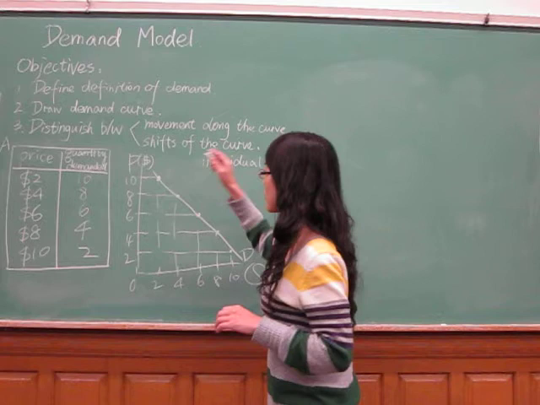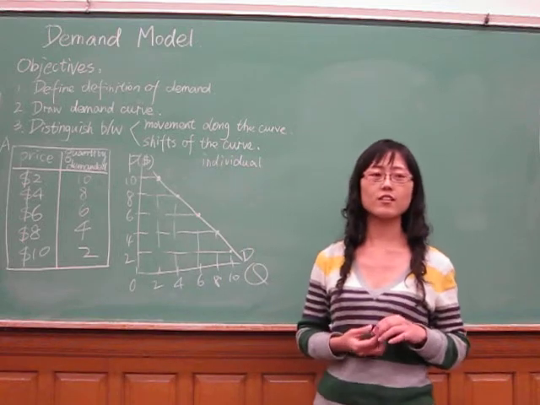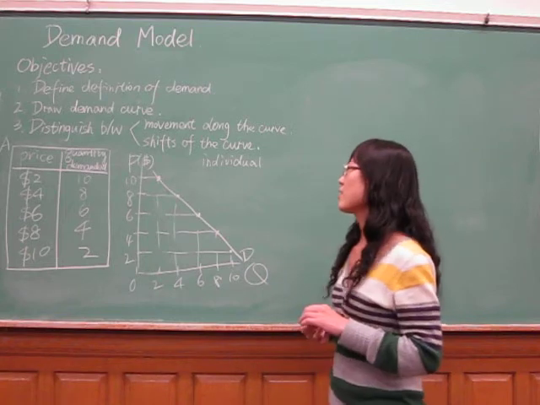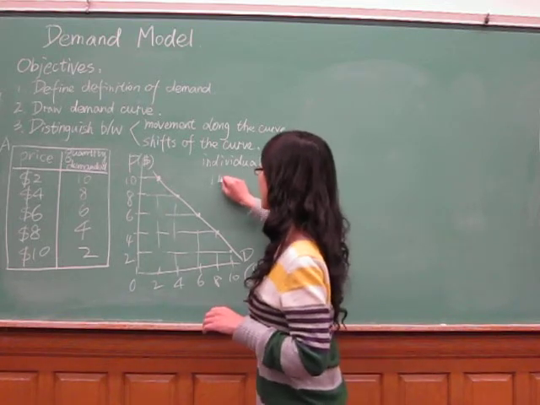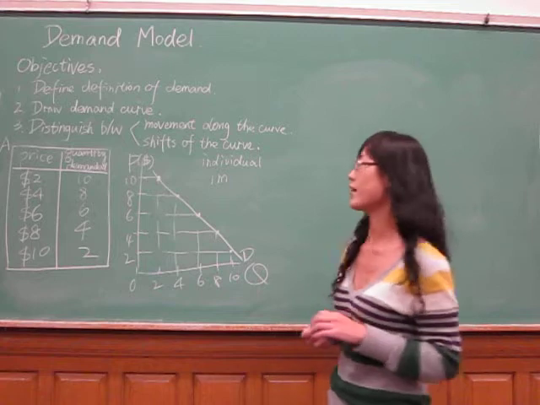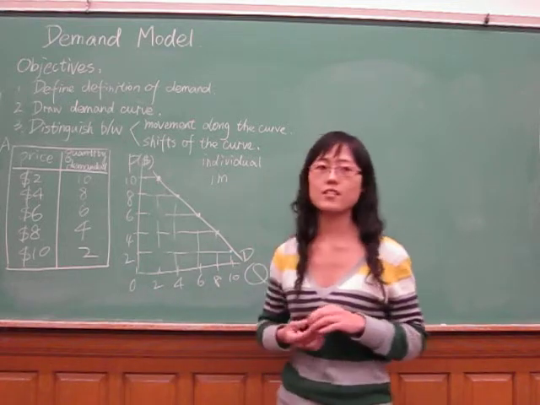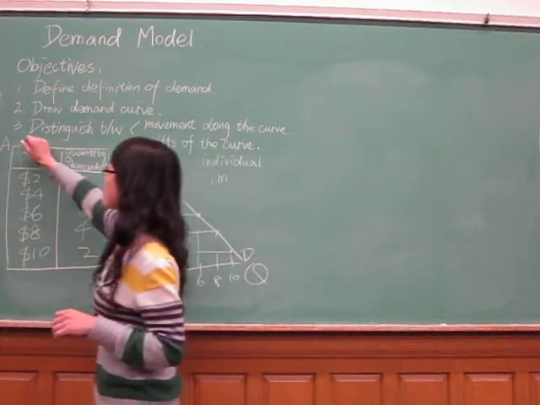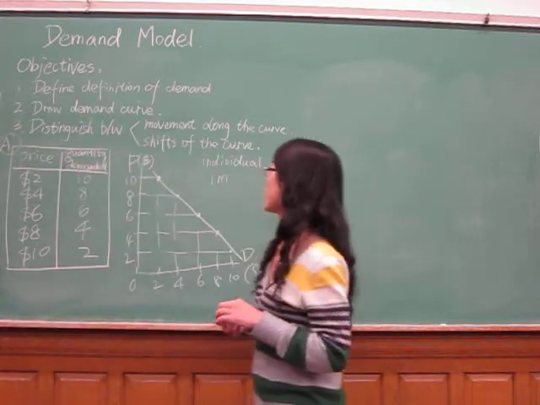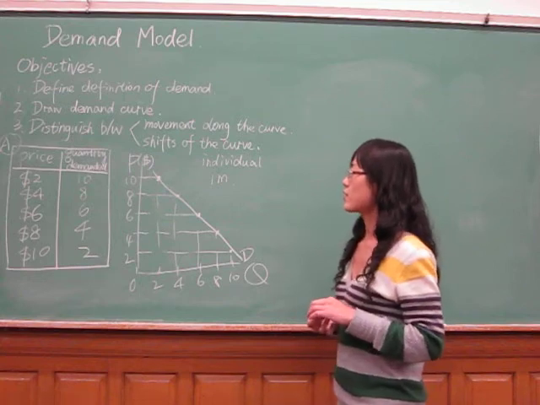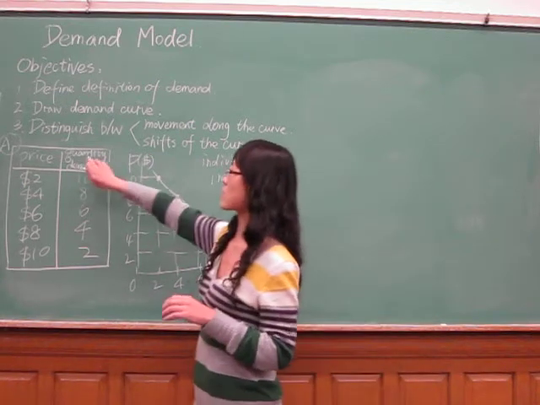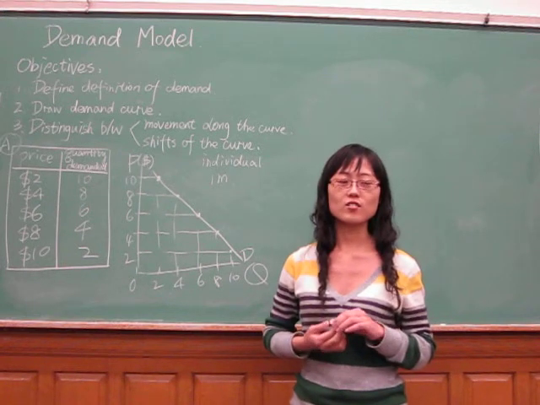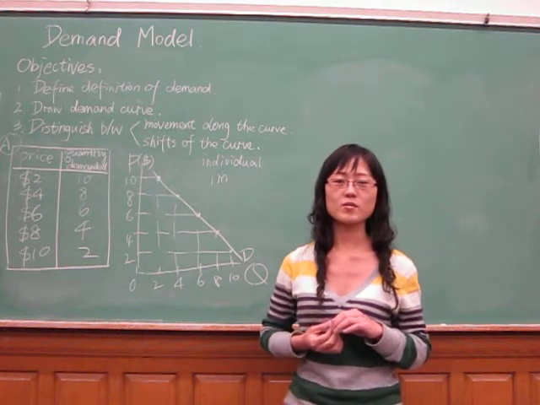Now, of course, in a market there are way more buyers than just one. Suppose that in the whole market we have 1 million buyers, and each buyer is the same as person A. What is the quantity demanded for the whole market? How do we calculate it?